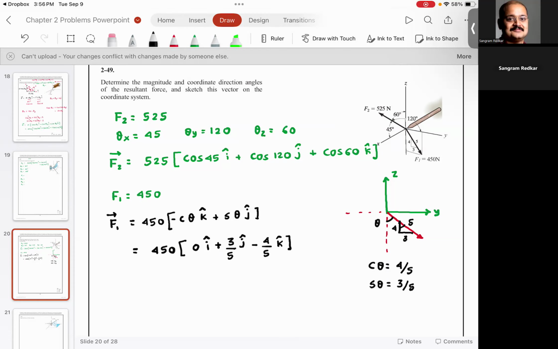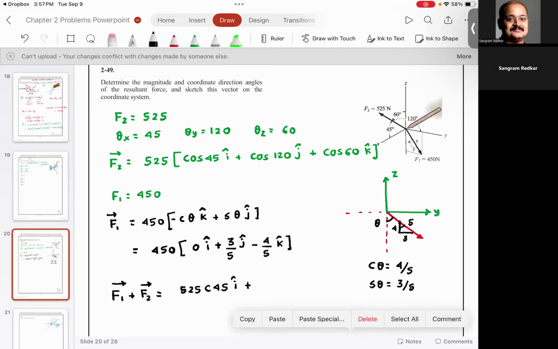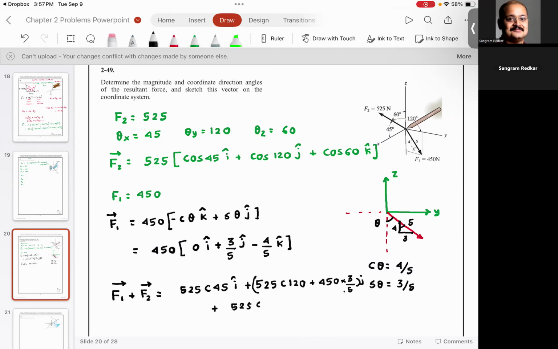So if I were to ask you what is the resultant, you would say F1 plus F2 is equal to 525 cosine 45 i plus 525 cosine 120 plus 450 times 3 by 5 j plus 525 cosine 60 minus 450 times 4 by 5 k.